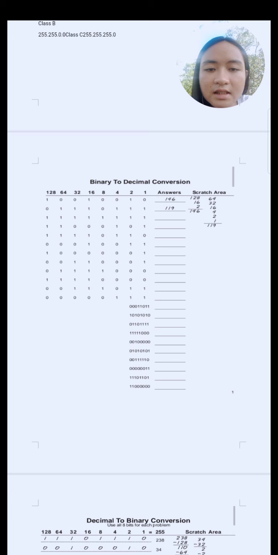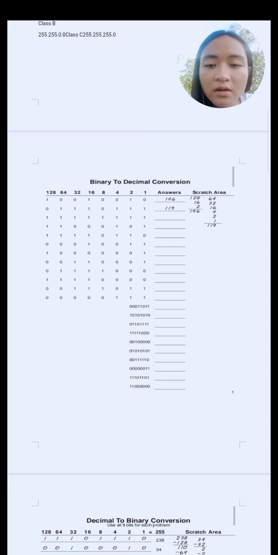And then in the second, for example 119, to get 119 we just need to add the 64, the 32, the 16, the 4, the 2 and 1. So if you add the numbers, your total is the number you are looking for. If, for example, we add 128 to 64, it goes over 146, so it is not possible.